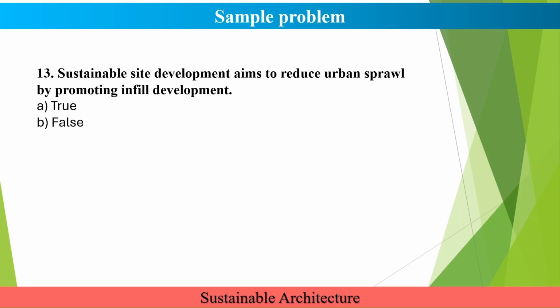So Hema and Abhishek, they have mentioned B, and Nitya has mentioned A. That's why I told this is a tricky question. Some of you are going towards true and some of you are going towards false.